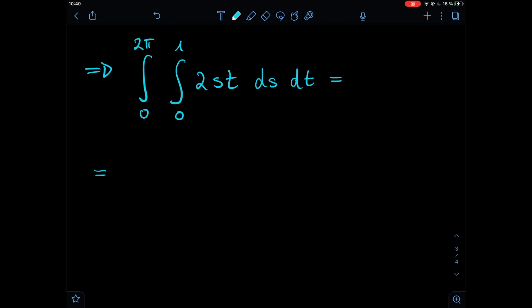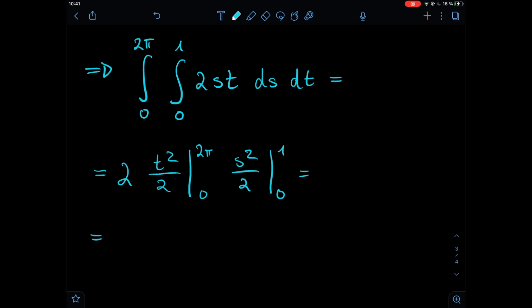What we're going to do is first we integrate with respect to t. Let's extract the 2 out of the integral. Then we have t squared divided by 2 evaluated at the limits 2 pi and 0, and we have s squared divided by 2 evaluated at the limits 1 and 0. If we evaluate t squared at the limits, then we have 4 pi squared.